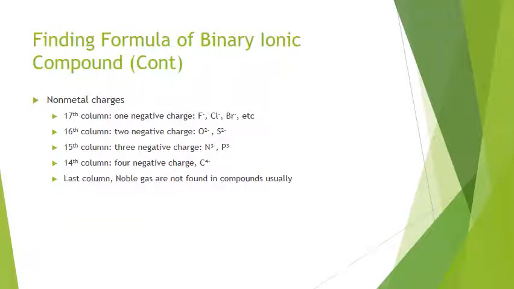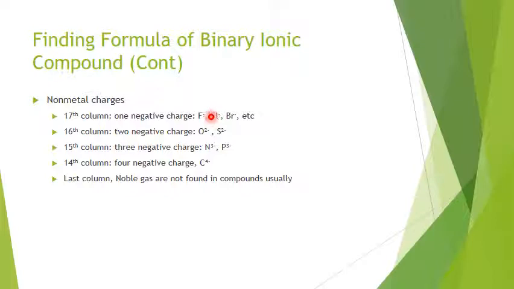Now the common charge of the negatives, of the nonmetals. The very last column is the 18th column. You will not find those in any compounds. They're called noble gases. Going from right to left, the 17th column, everything in that column gets a 1 minus.